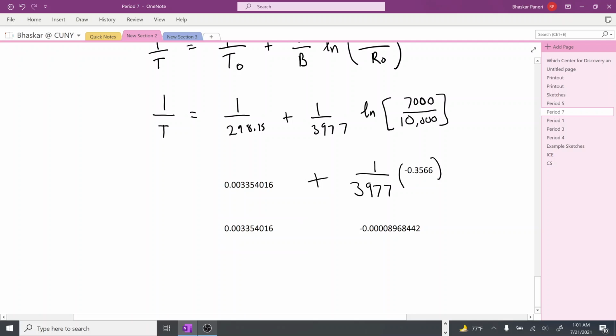So this minus that number is equal to 1 over T. So I'm just going to put plus here, but we know that a plus and a minus, we're actually just going to be subtracting it out. So let's do that then.